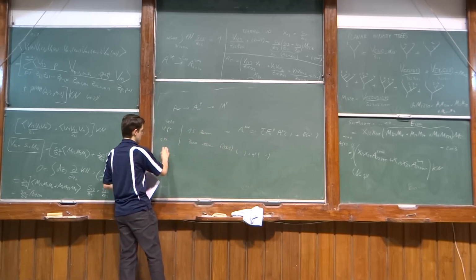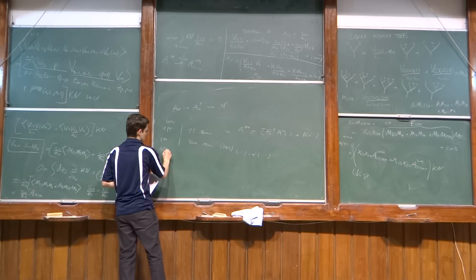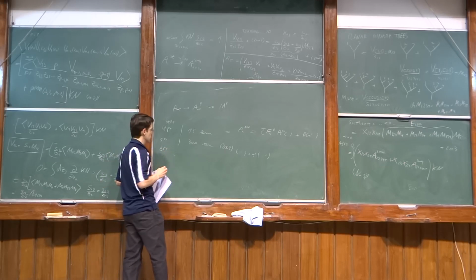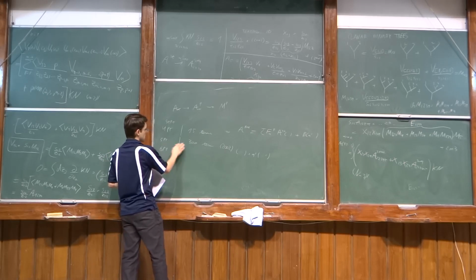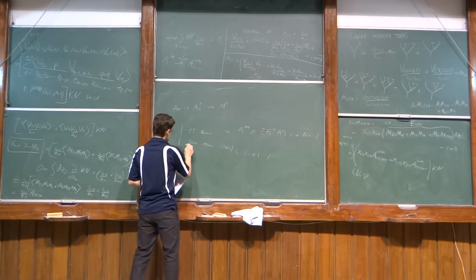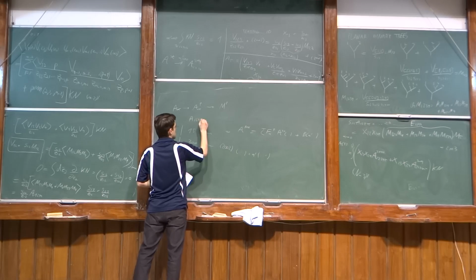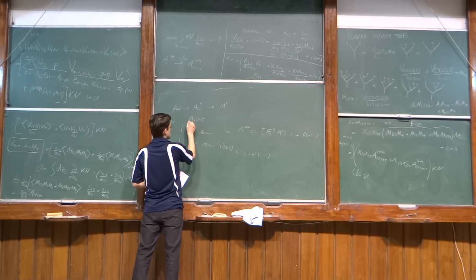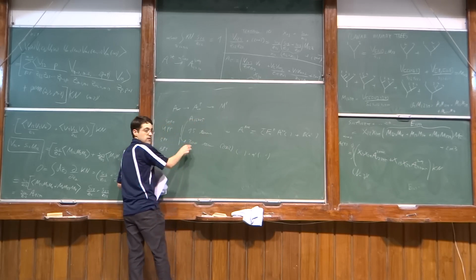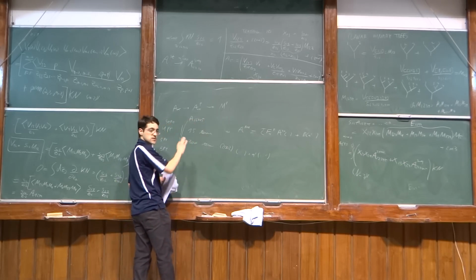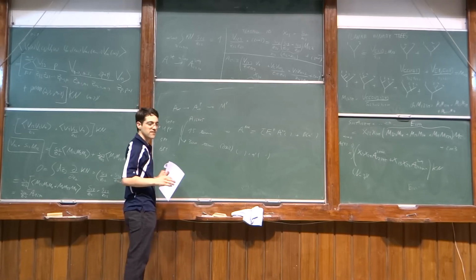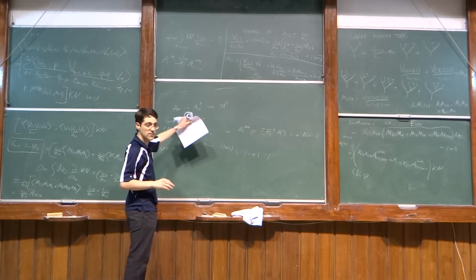These 300 terms are coming from where? Different cyclic orderings? No, just the one Yang-Mills amplitude in the canonical ordering contains around 300 terms. Just the 5-point super-Yang-Mills.